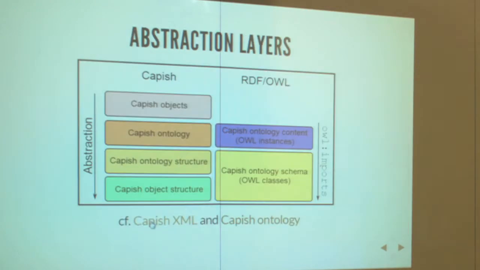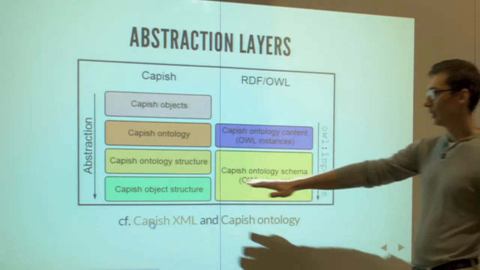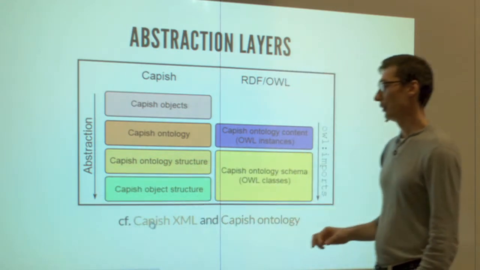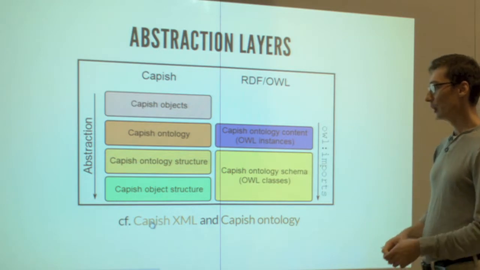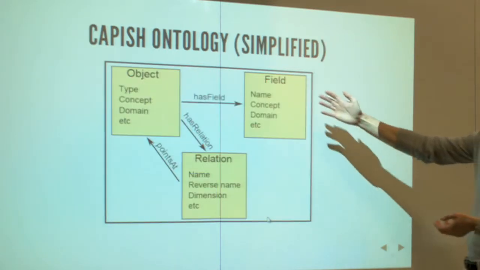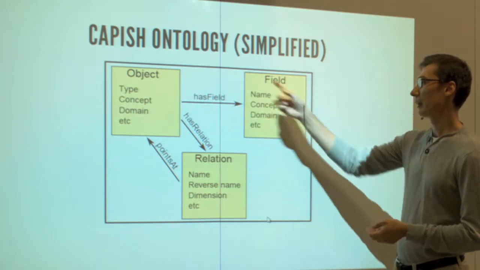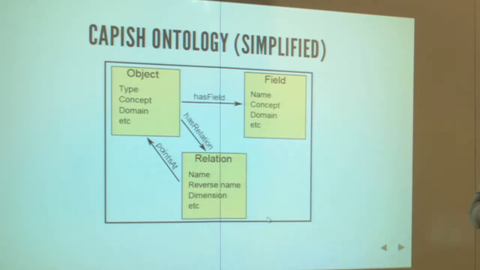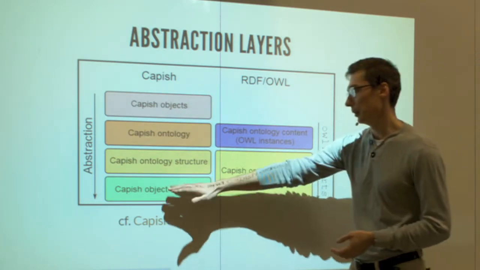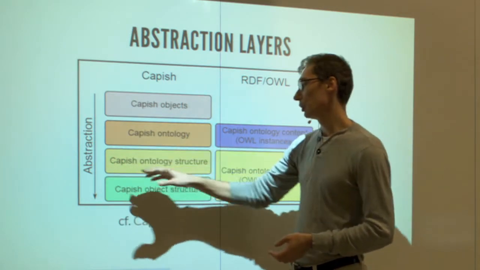This is a basis, so to say. Then this one, in its turn, the Capish data model, gives the structure to the Capish ontology. The fact that it's a simplified picture, as I said, and that it looks like that is predetermined by this one. So we could say that the Capish ontology structure is sitting here.